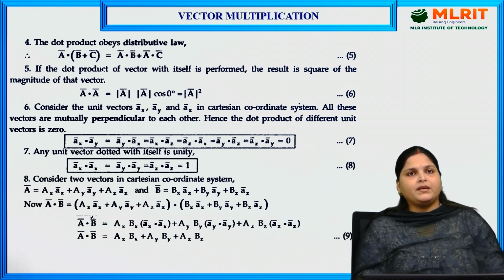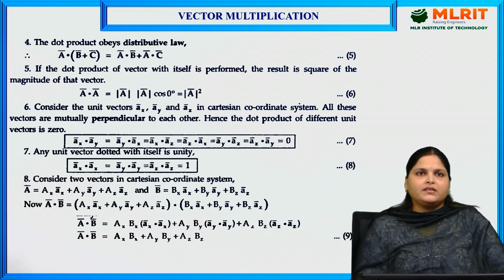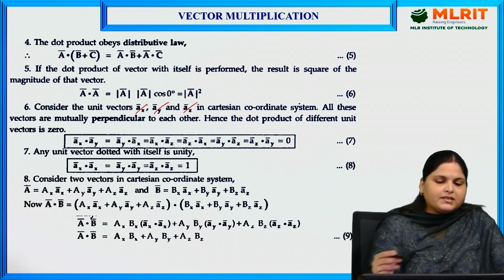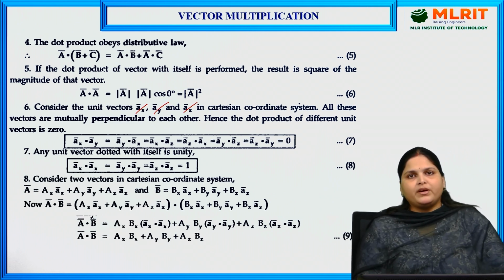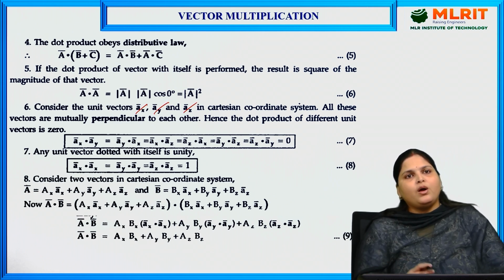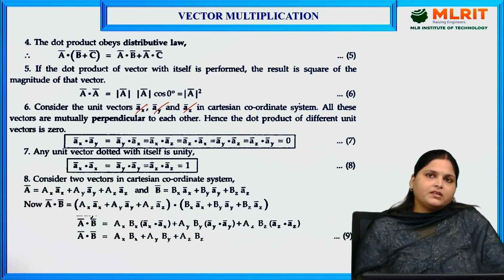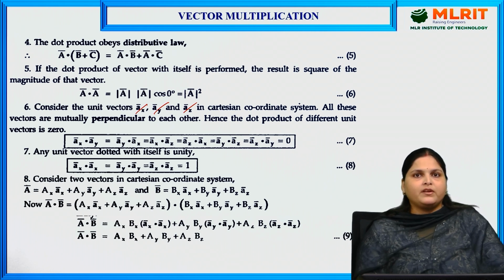Next property: consider three unit vectors AX, AY and AZ in the Cartesian coordinate system, which are mutually perpendicular to each other. In that case, the dot product of different unit vectors will be 0.